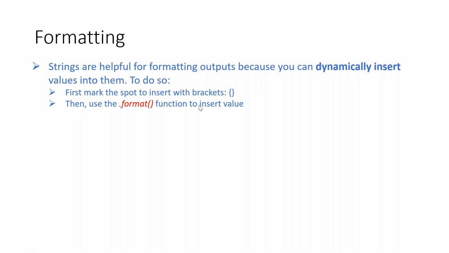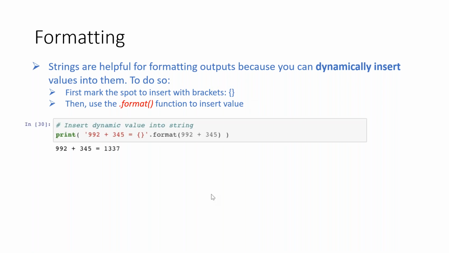To do that, first mark the spot to insert with braces. These braces are used wherever you want to dynamically insert values within the string, and then at the end of the string you apply the dot format function, and within the function you give your arguments.